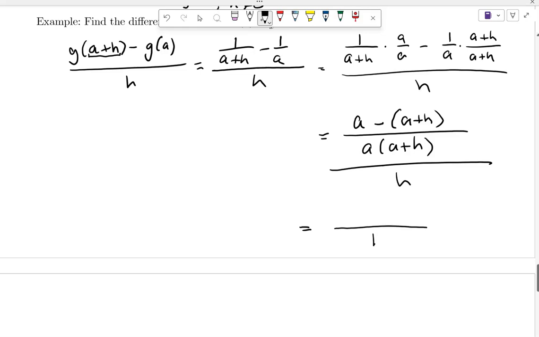In the numerator, how does the numerator simplify? The numerator of the numerator. How does the numerator of the numerator simplify? I'm talking about this part right here. What does that simplify to? So it's a minus h, right? So what happens with the a's? They cancel. So we just get negative h. You got to make sure we distribute the minus sign all the way through, right?